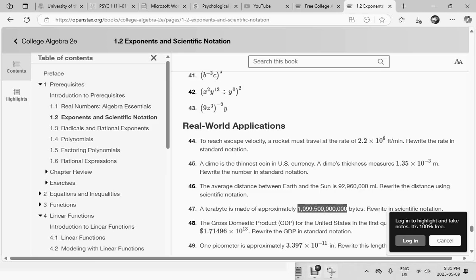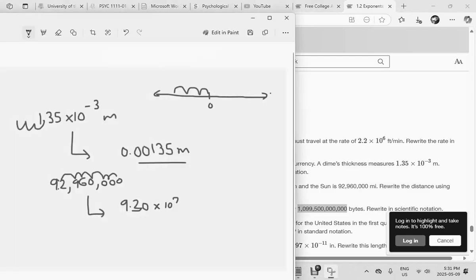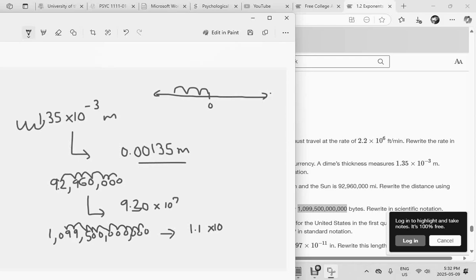To convert this number into scientific notation, this will be 1.1, for example, times 10 raised to 1, 2, 3, 4, 5, 6, 7, 8, 9, 10, 11, 12.